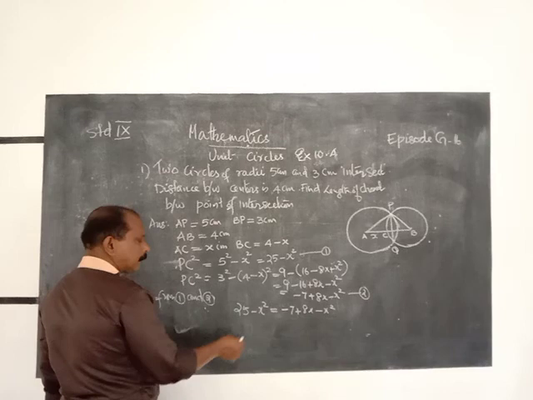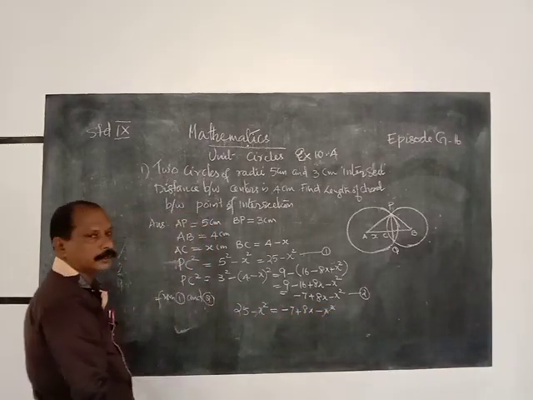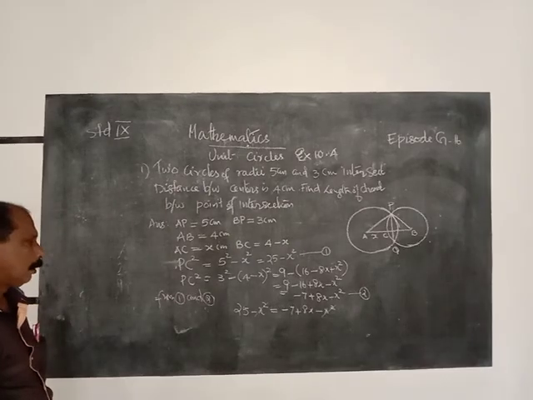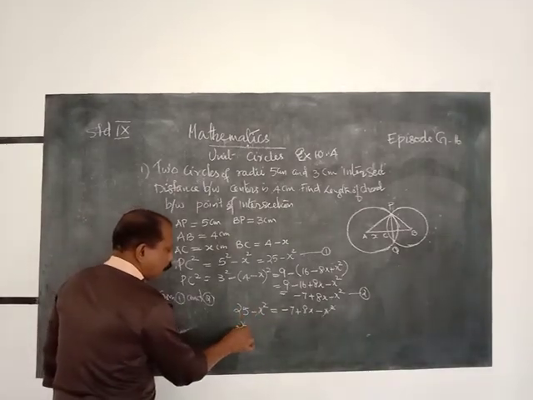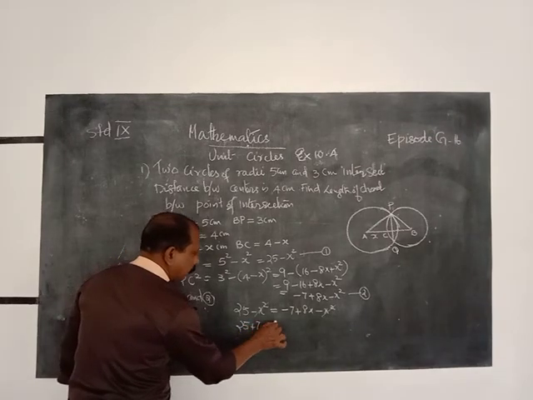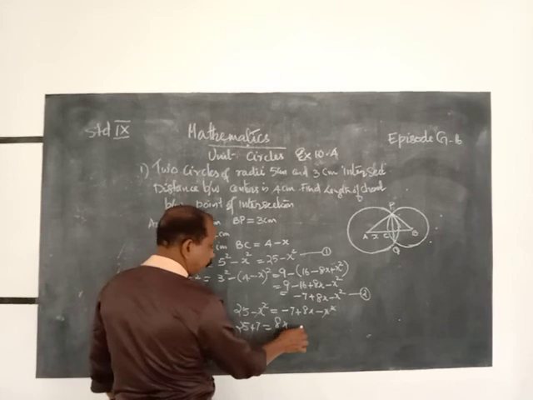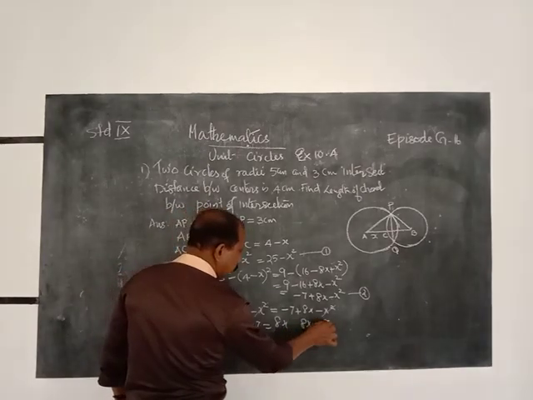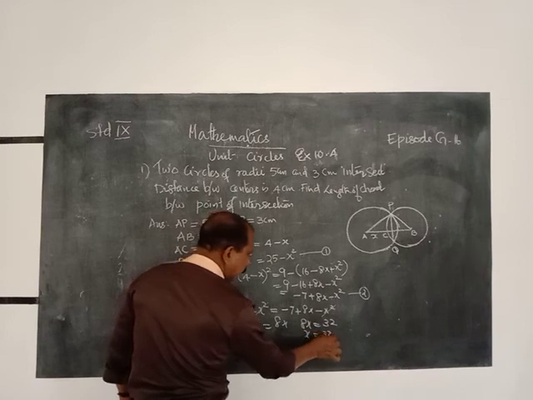There are two terms we can cancel: minus x square cancels on the left and the right. Then 25 plus 7 is equal to 8x. 25 plus 7 is 32. Therefore 8x is equal to 32. Therefore x is equal to 32 by 8.